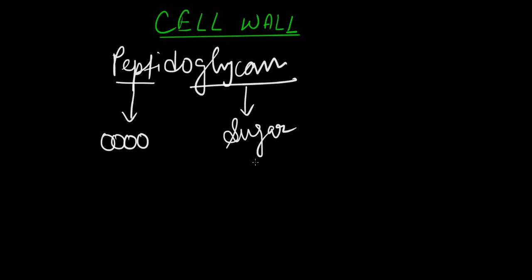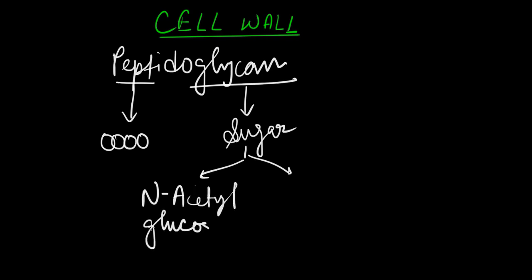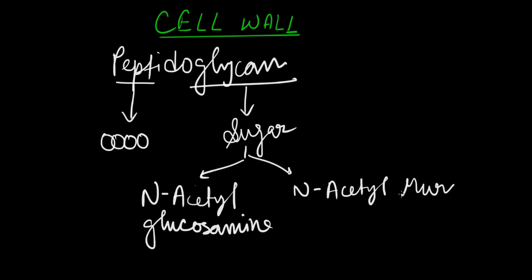What kind of sugar molecule do they have? They have two kinds of sugar molecule in their cell wall. One is N-acetyl glucosamine and another is N-acetyl muramic acid.